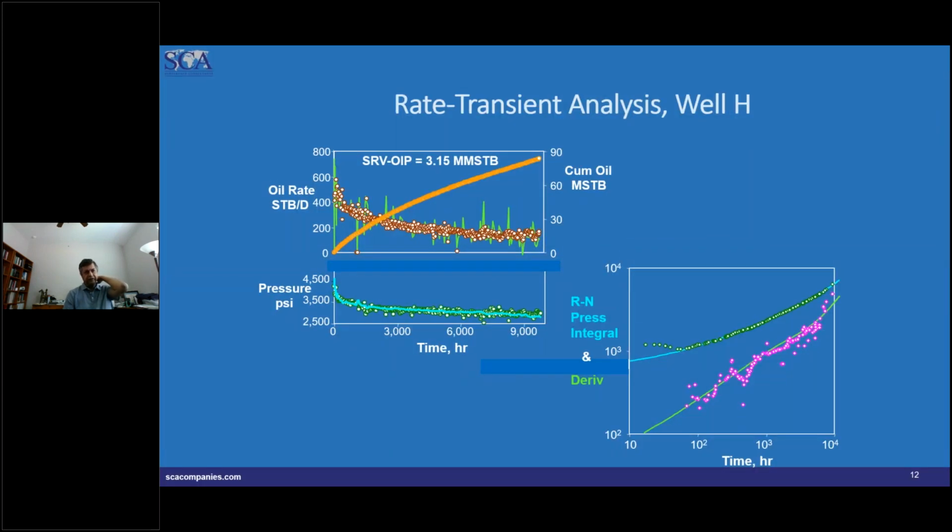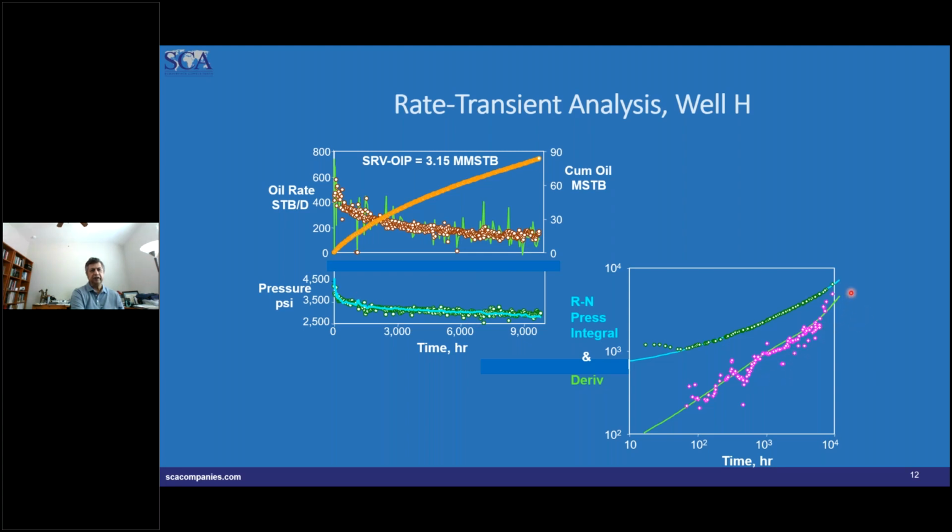Okay, so going back to our well of interest, given that we had the measurements of pressure at surface, we were able to convert it to downhole because we had single phase oil production. And so we can get a good match of cumulative production, and so is the rate. And we're able to also history match the pressure, and that's the diagnostic plot.